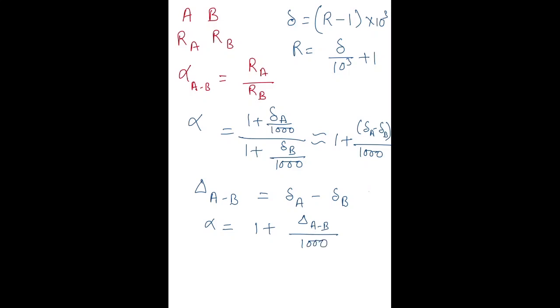So 1000 ln alpha AB minus 1 is approximately equal to delta AB.